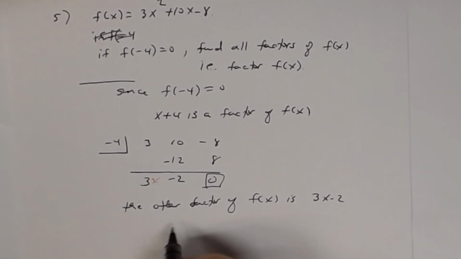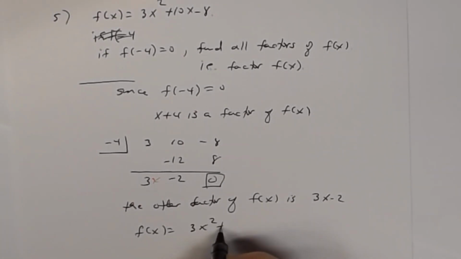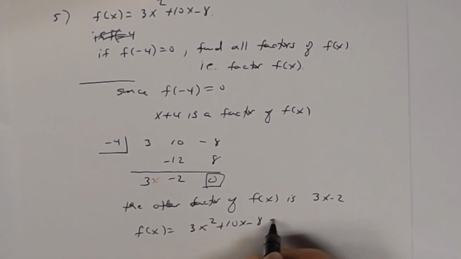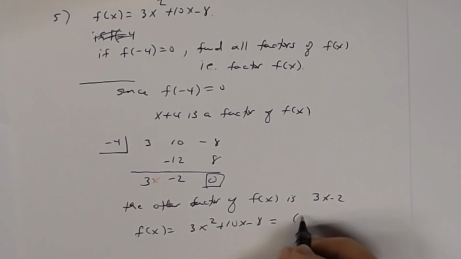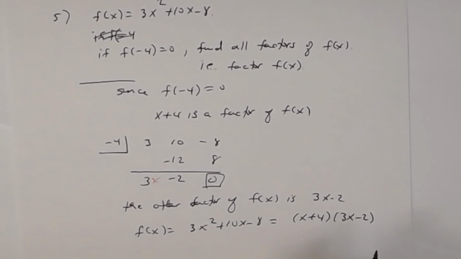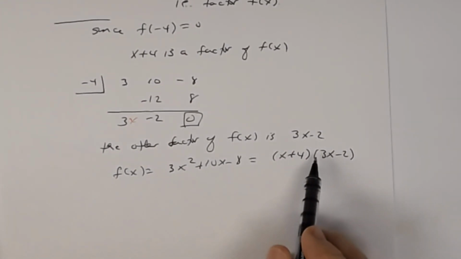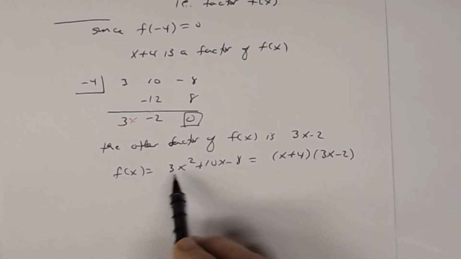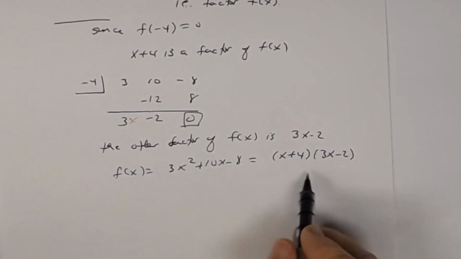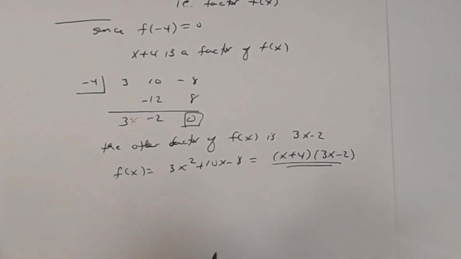And so then we can say f of x, which equals 3x squared plus 10x minus 8, is equal to x plus 4 times 3x minus 2. All right? And if you follow this out, you'll get 3x squared plus 10x minus 8. All right, so that's number 5.